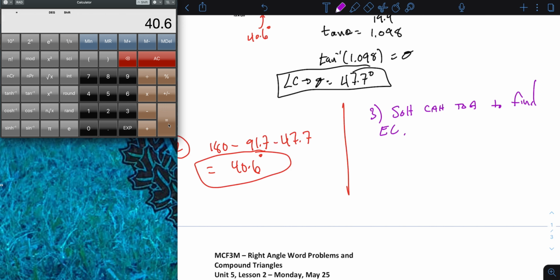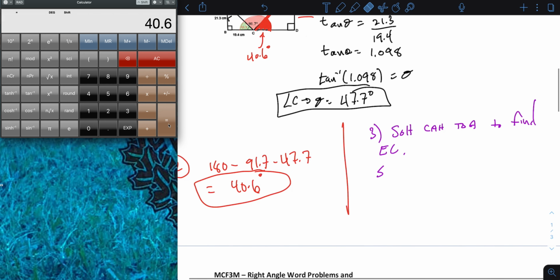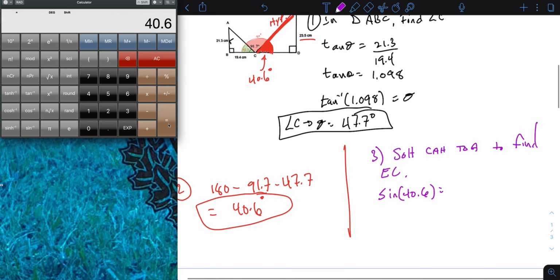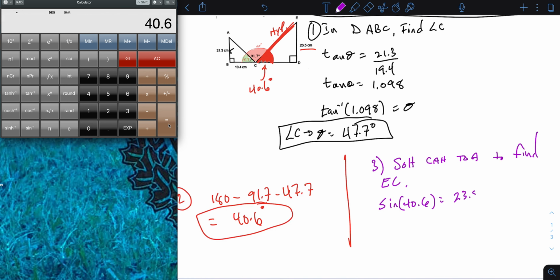I'm going to use sine because I have the opposite and the angle. So sine of 40.6 is equal to the opposite in this question, 23.5, divided by the hypotenuse.